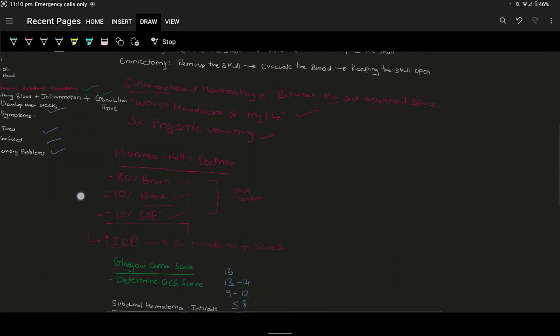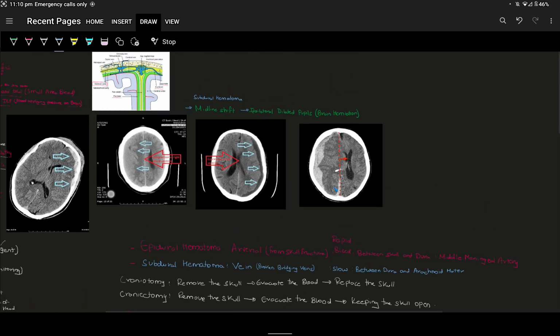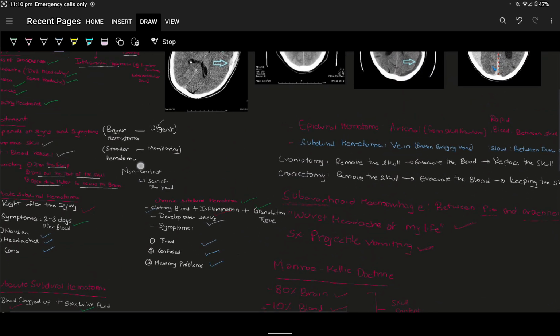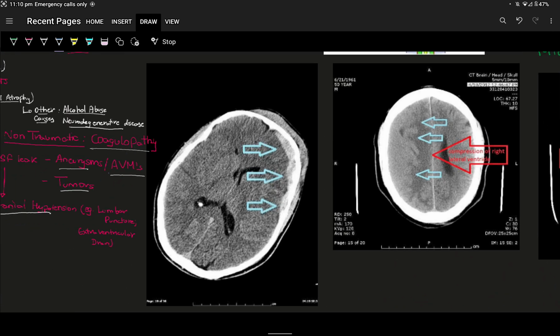The other thing which we would discuss will be the CAT scan findings. So here, in the first CAT scan, we can see there is a bright density on the imaging in the left cerebral hemisphere.